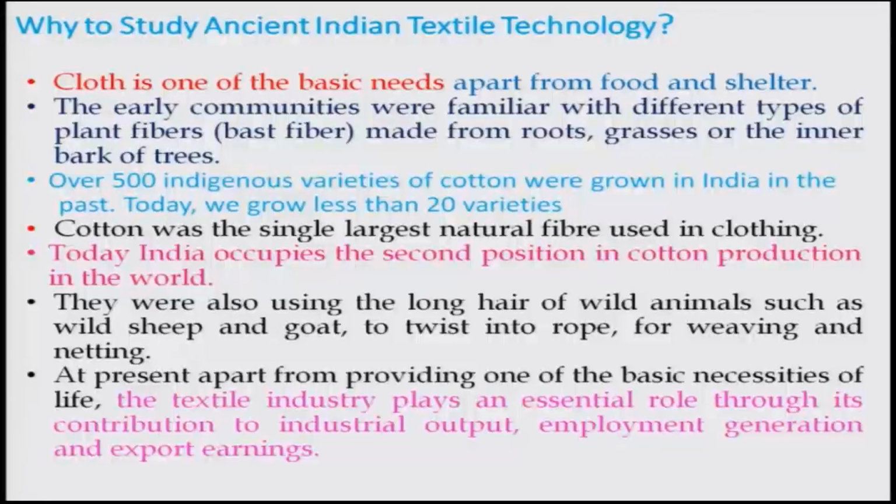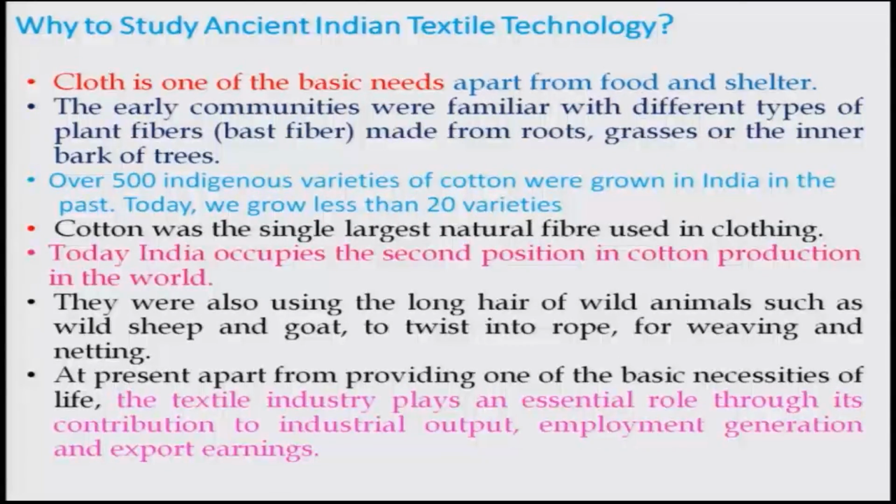Our ancestors were familiar with different types of plant fibers, what people generally call bast fiber, and these plant fibers are made from the root, grasses and inner bark of the trees.